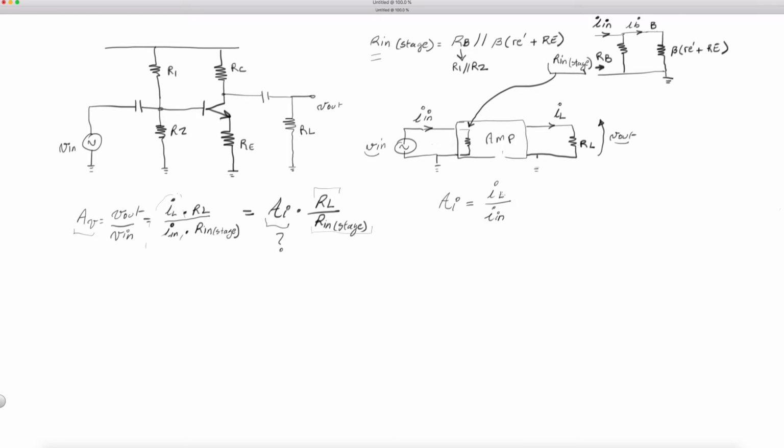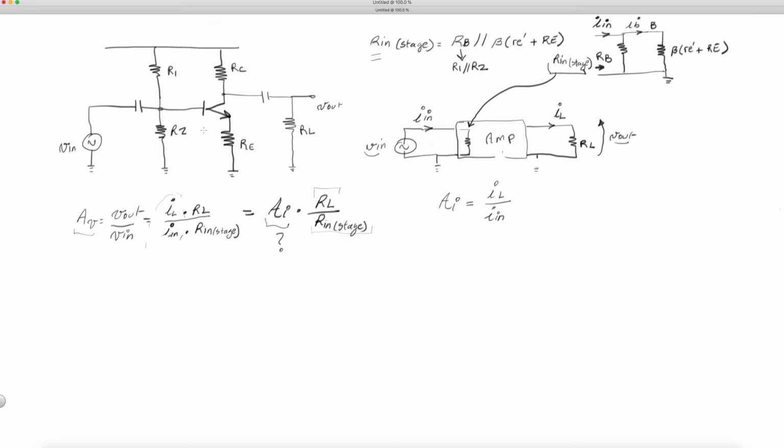Good. But we need something a little more precise than this, because you're not going to measure this. These are AC values. I mean, you can. But the important thing is, can we figure this ratio based on the actual values of these resistors, including the load, and including any characteristic or impedance values this transistor might have?